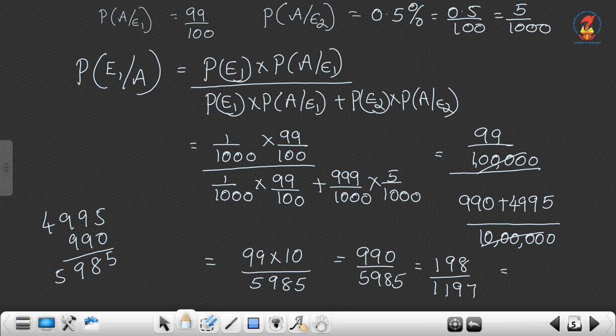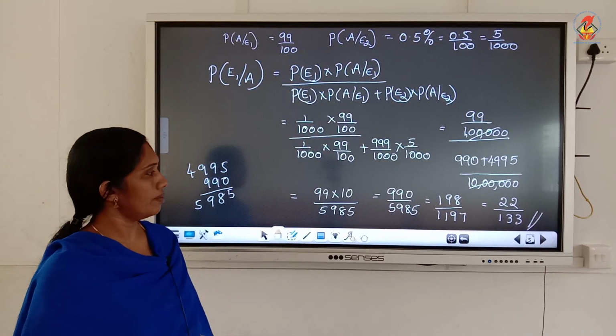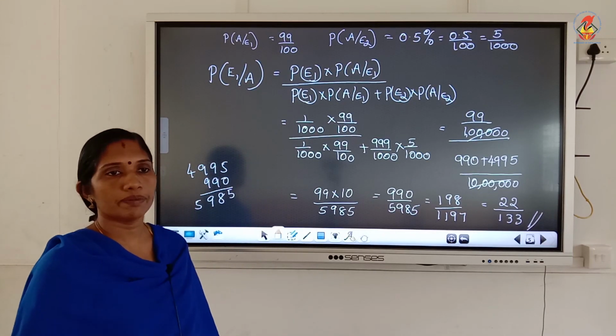Then divide by 9: 2 nines are 18, so it is 22 by 133. That is the required probability.